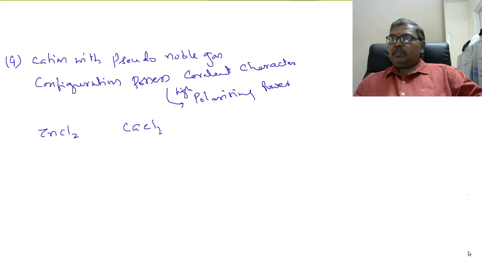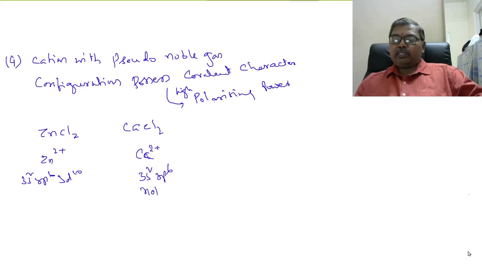In the previous lecture, we discussed the formation of ZnCl2 and CaCl2, right? Now, see, Zn2 plus, Ca2 plus. Zn2 plus configuration is 3s2, 3p6, 3d10. Pseudo inert gas configuration. Whereas in Ca2 plus, configuration is 3s2, 3p6.